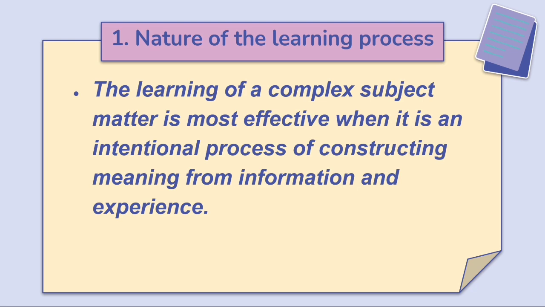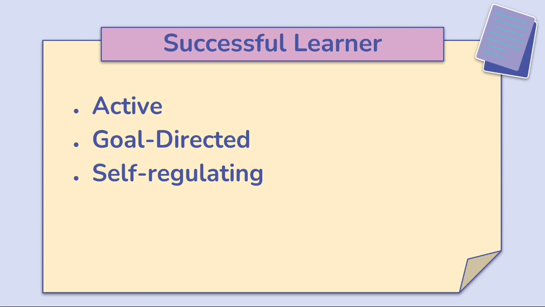So, we have our own learning process. We can learn in school and we can learn in different environments. We can learn based from our experiences and based from our own knowledge and skills. We'll move on to successful learners. So, to be a successful learner, we need to be active.